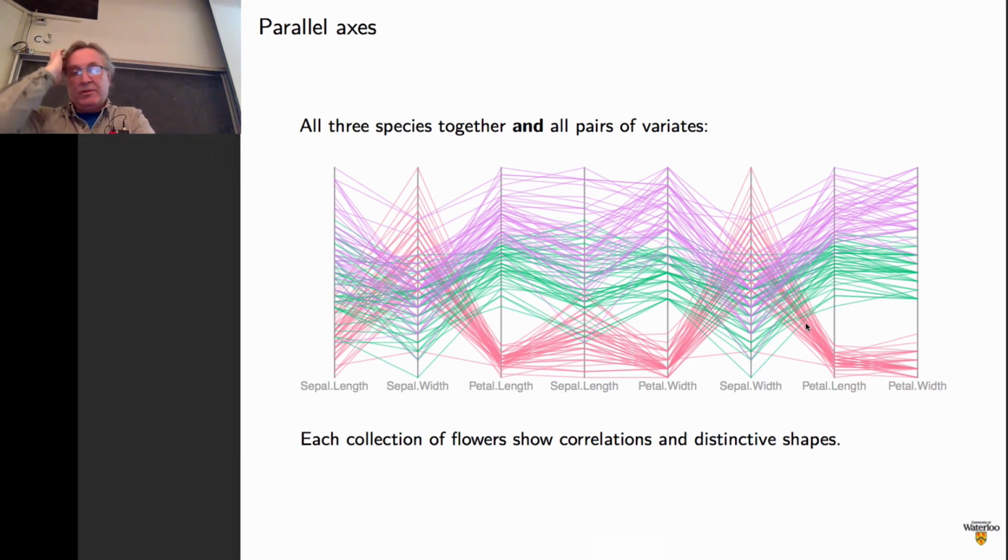So if there's a particular pair where they really separate, we'll be able to see it much better since we can look at all of them. Okay? Everybody understand this picture? Same as before, except now every pair appears. Okay?